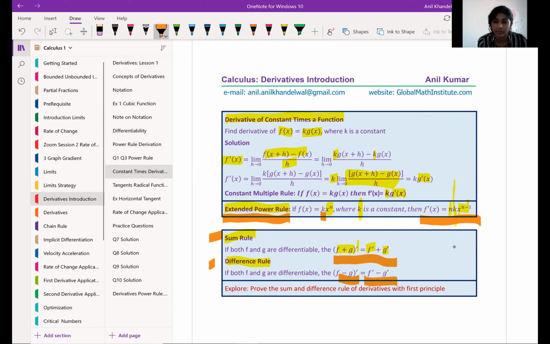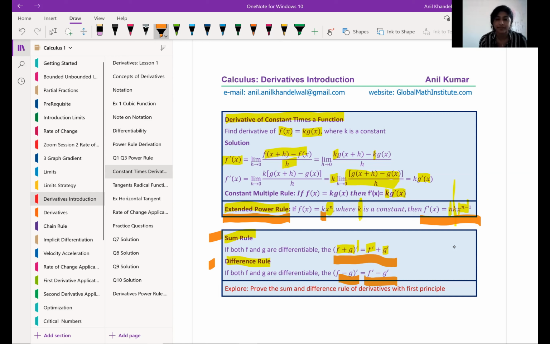Now, once you combine all these rules, you can differentiate any polynomial, since a polynomial has terms which are added or subtracted, without any problems. Secondly, we have also seen that n could be any real number, and therefore we can also take care of other functions like surds. Is that clear?